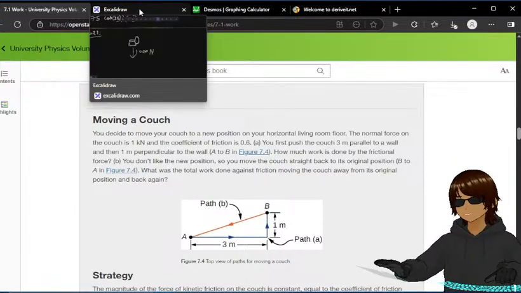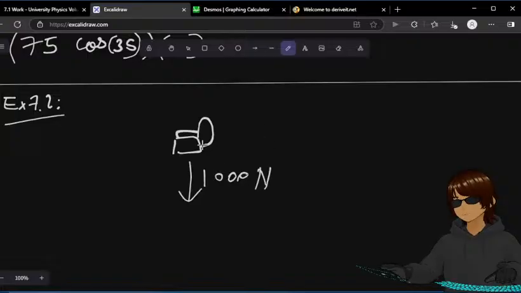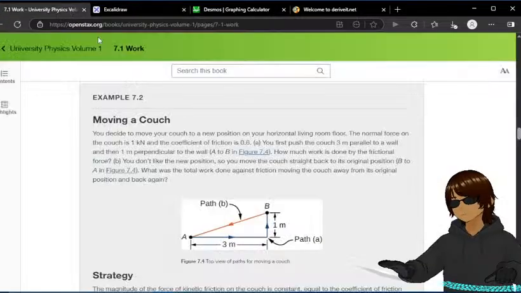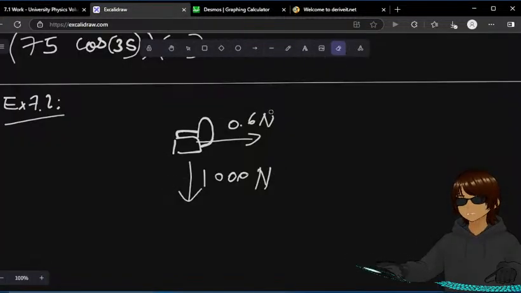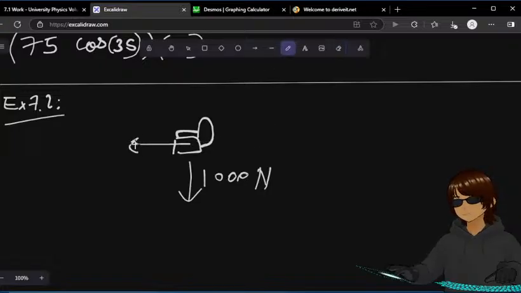Coefficient of friction is 0.6. You first push the couch 3 meters parallel to the wall. Okay, you push it in that direction.